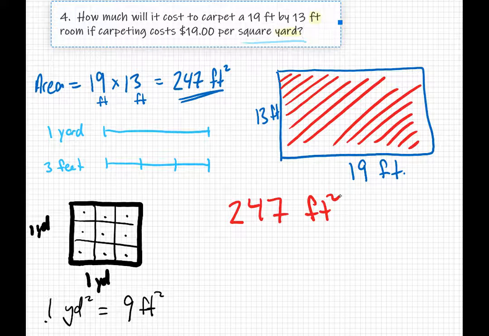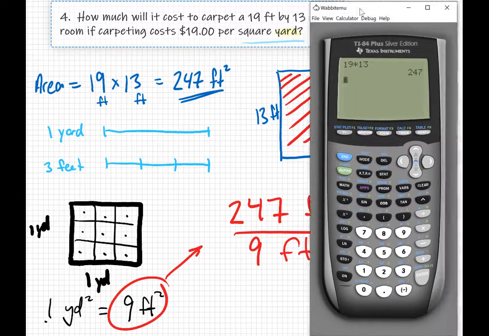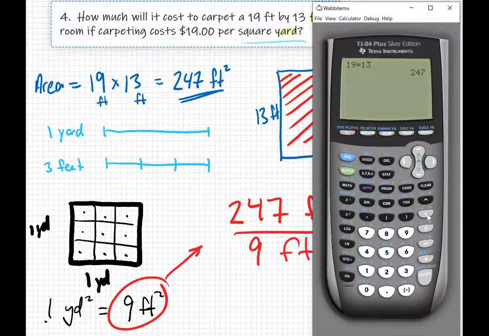So how many nines are there in this room? So let's divide this by 9 square feet. Okay, 247 divided by 9. Okay, let's bring our calculator back over here, and we have the 247. Divide this by 9.